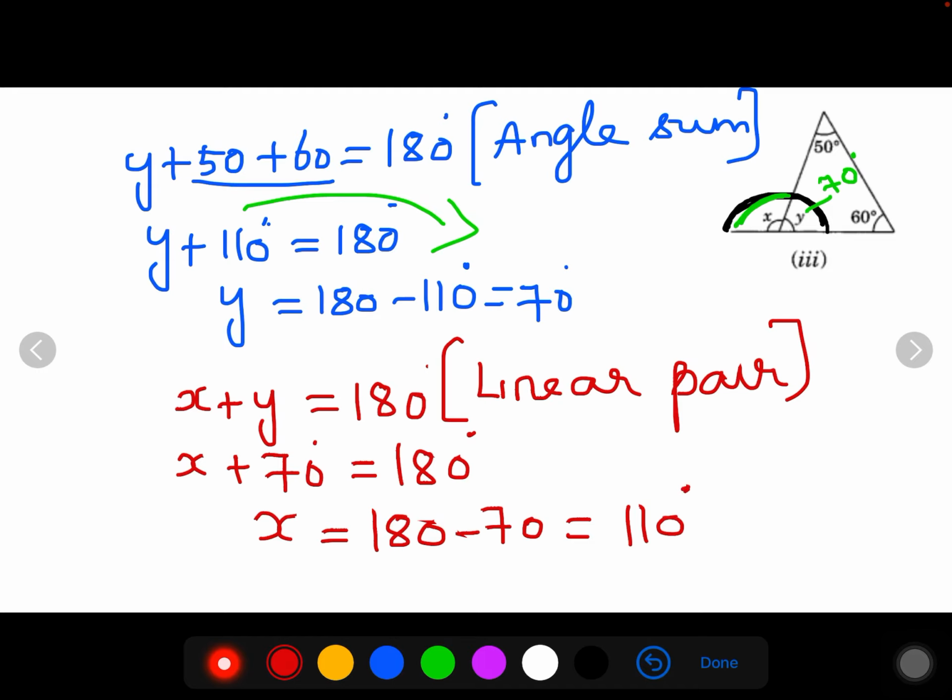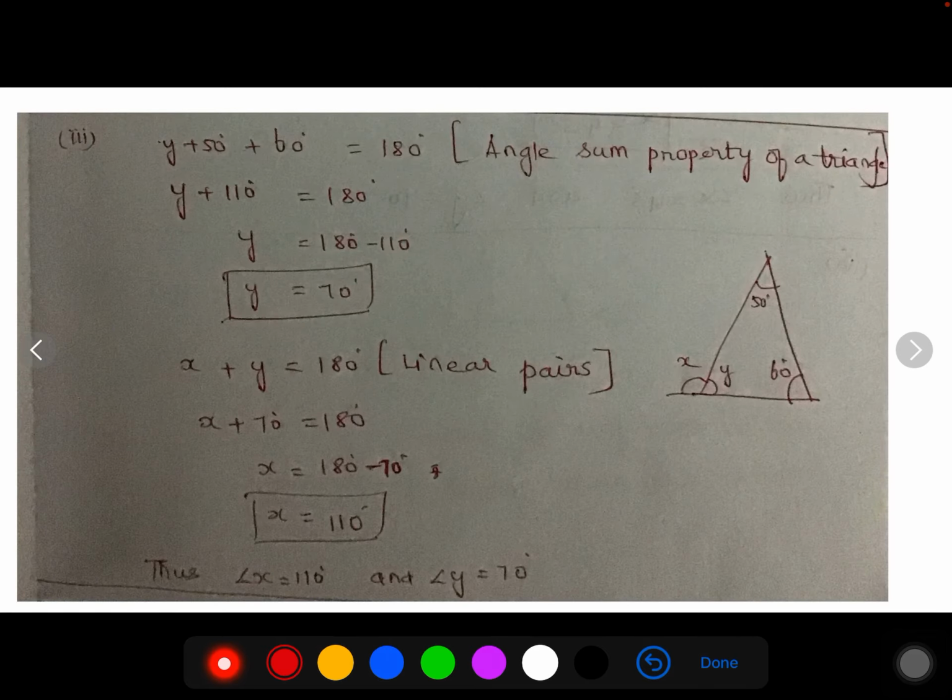Okay, so please try to know this property, this pair also. Linear pair means they will sum up to 180 degree. Therefore x is equal to 110 degrees. So two properties you are applying, one is angle sum, the other one is linear pair, for question number four, the third subdivision.